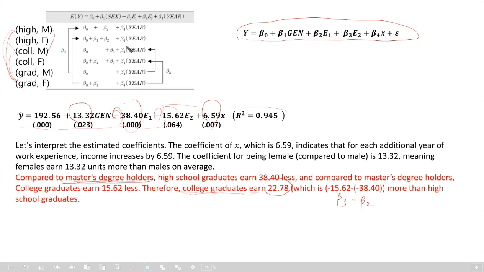What is this table? This is the theoretical part. This is your model, right? The expectation of y is just this part.